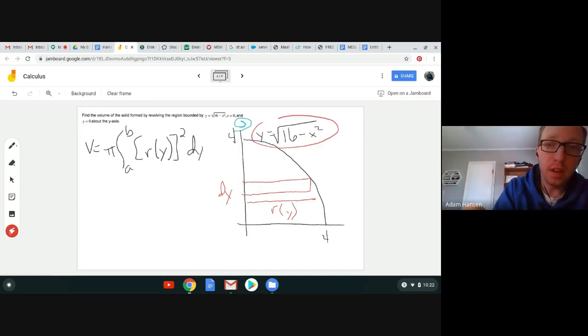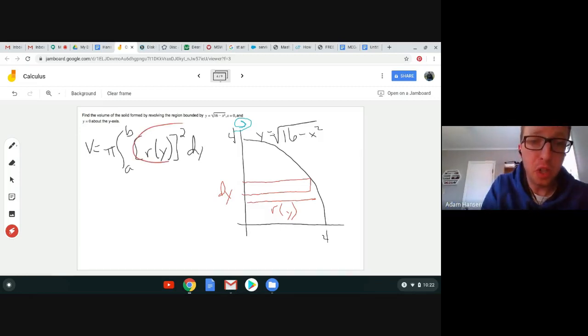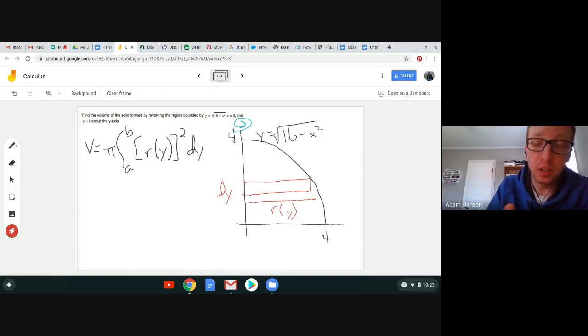So if I look at my equation here, it presents an interesting challenge. That function is y in terms of x. My definite integral needs to be in terms of y. So I need to solve that function and get it in terms of y, get x in terms of y.